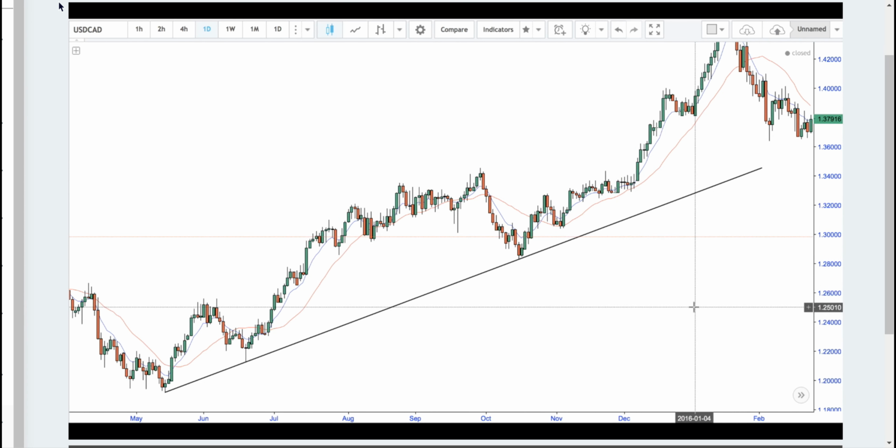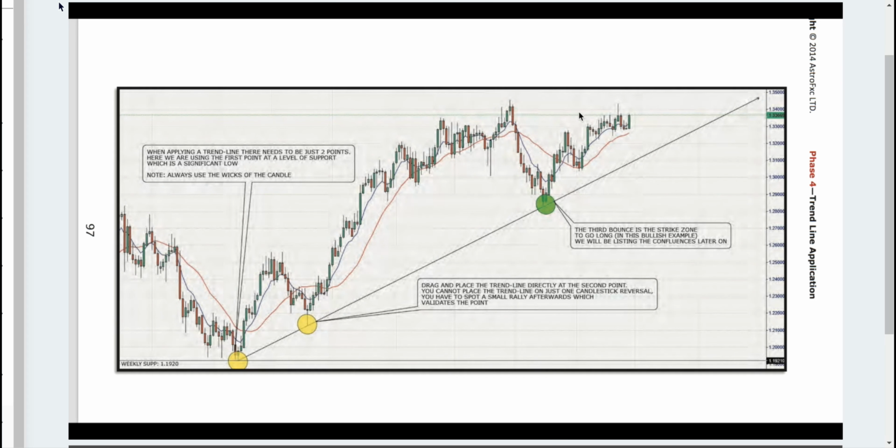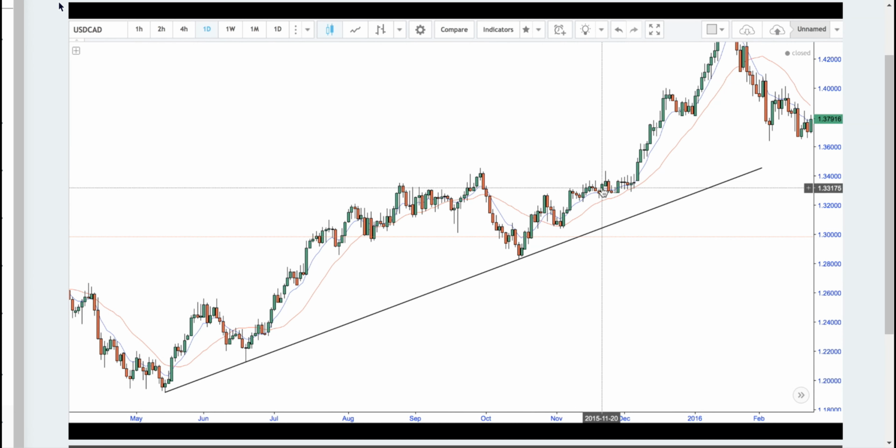What made me think of all of that is obviously because of the example in the book, where we didn't make a new high then. Can you see here we have the higher low, a higher high was expected, but it didn't pass the peak at the time of this screenshot. This was November 2015, I believe, or December. And as you can see, we're around here.